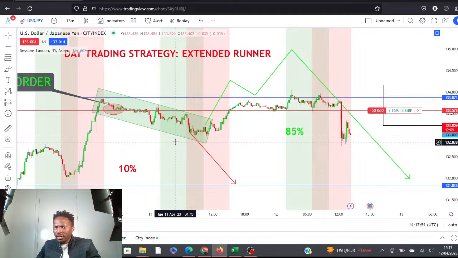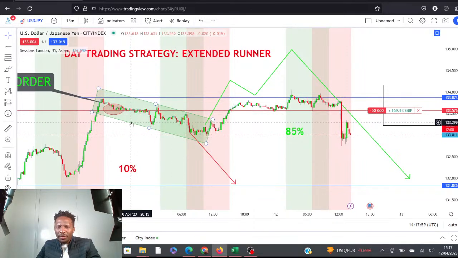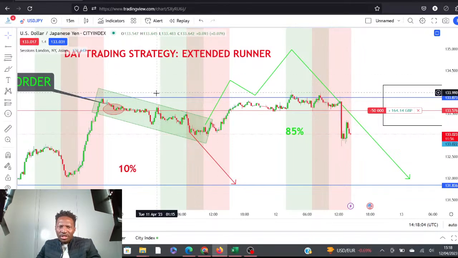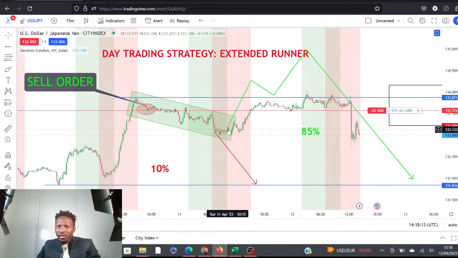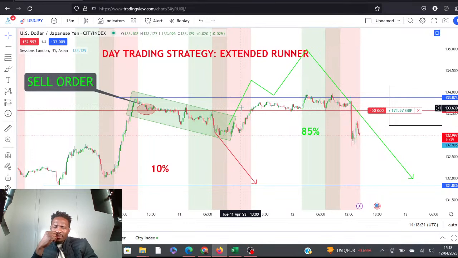You can use that strategy for long-term trades, swing trading, and all of that. But it's good to know about it, because if you understand contraction and expansion, then you're going to understand this extended runner strategy a lot better, or you wouldn't panic, so to say, because understanding contraction and expansion is exactly what tells me that this is going to go higher. So in a way, I'm mentally prepared.